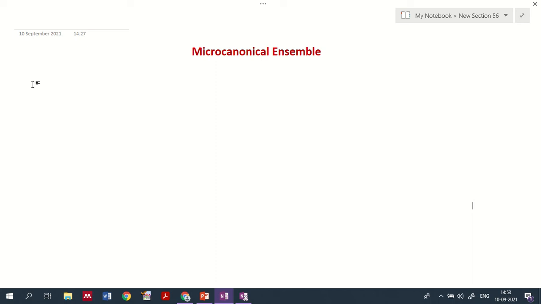the microcanonical ensemble. Whenever we represent a microstate, as we said in our earlier discussion, the number of particles, the volume and the energy are constant in a microstate.